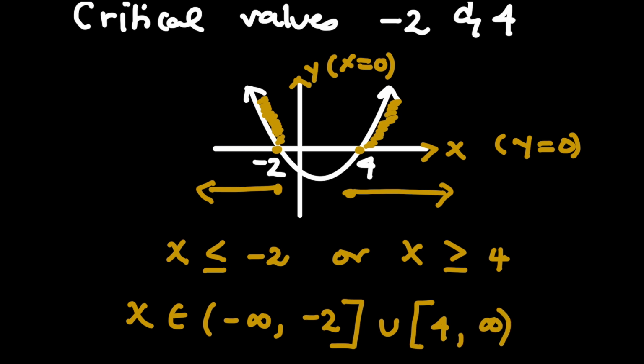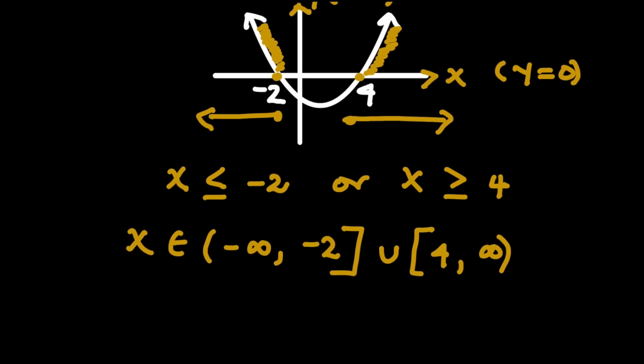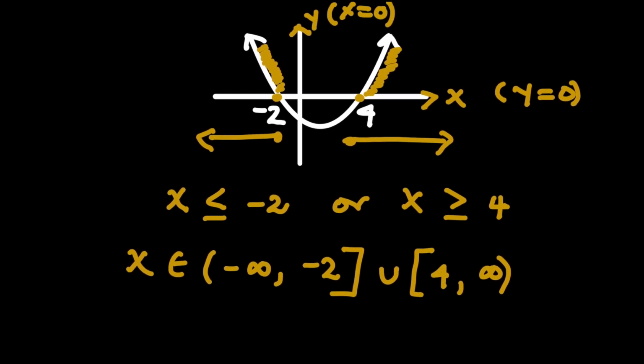Does that ring a bell? So it can't get any better than that. When you're using the graph, you're basically asking yourself, where is this graph above the x-axis or on the x-axis? Then quickly now, let's look at the table method.